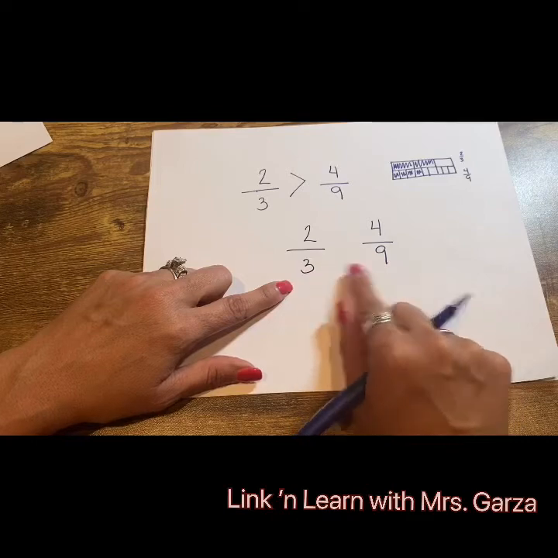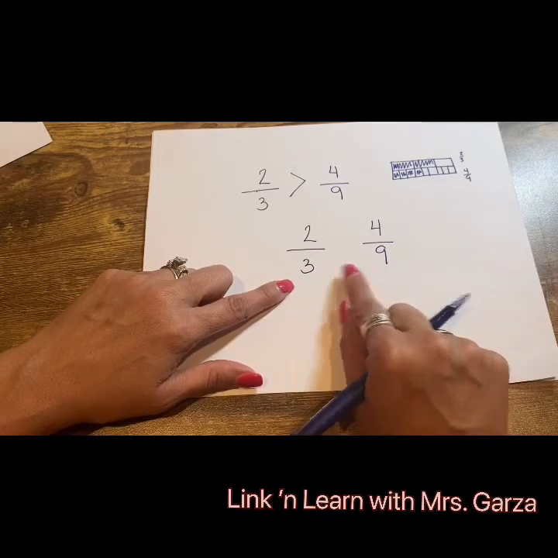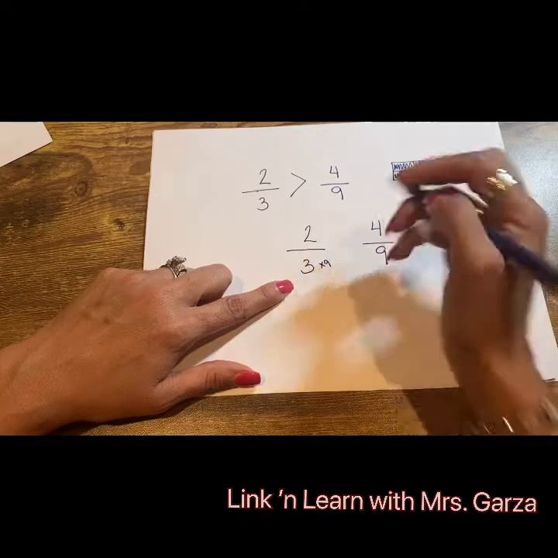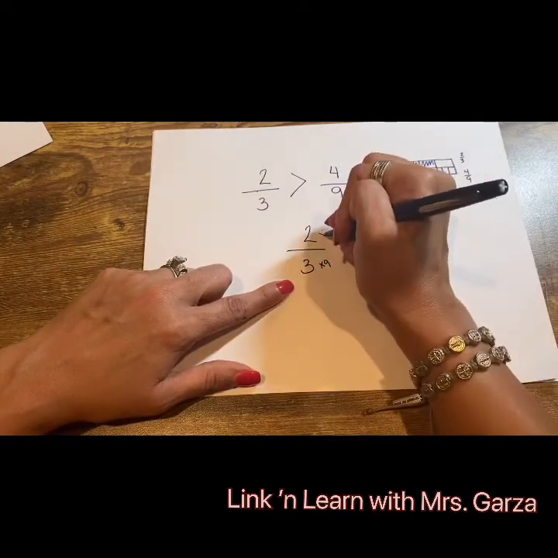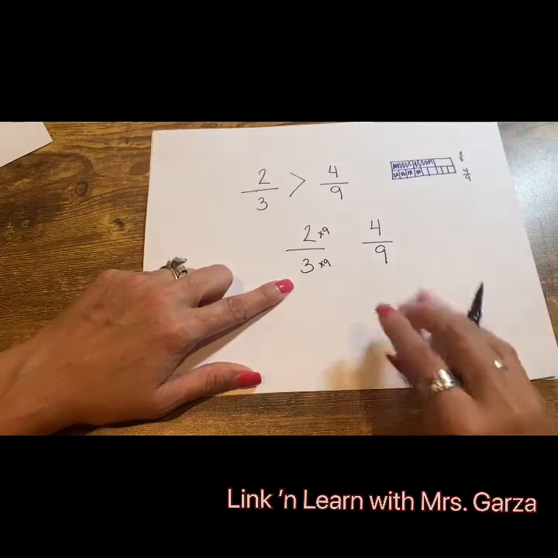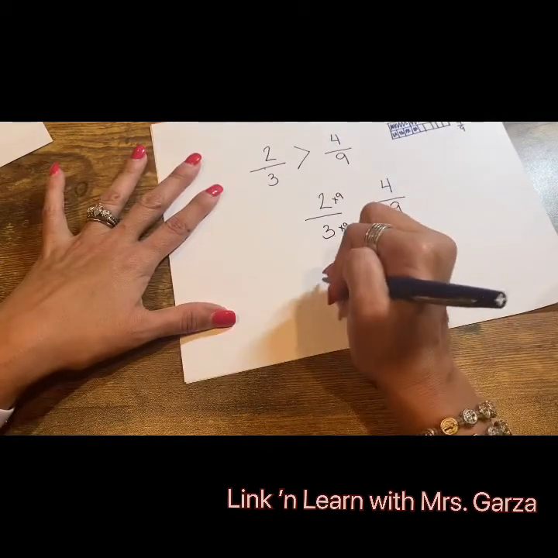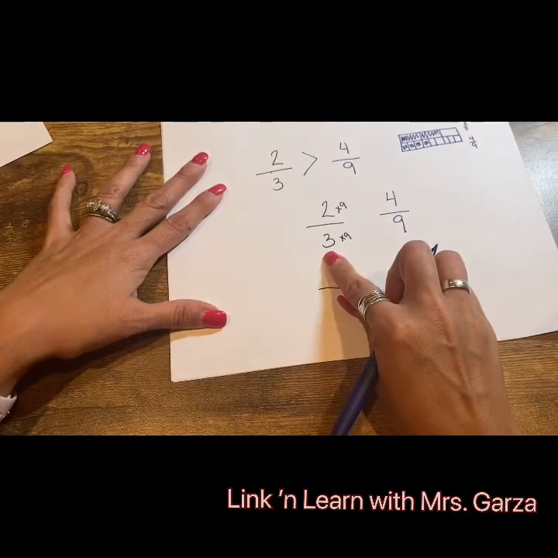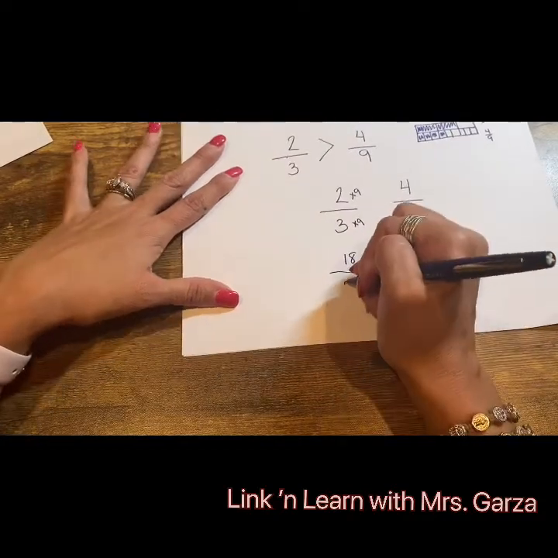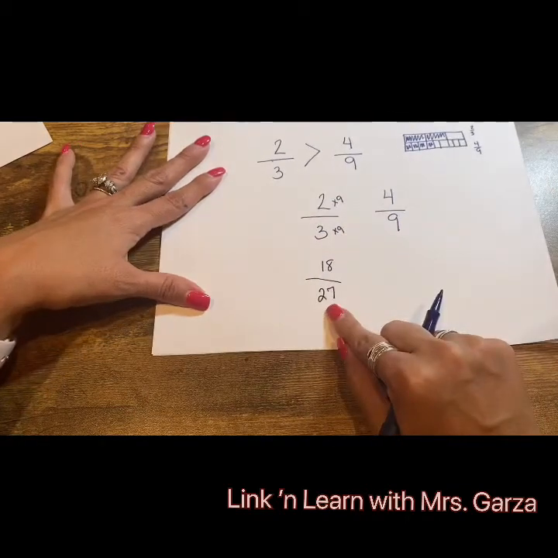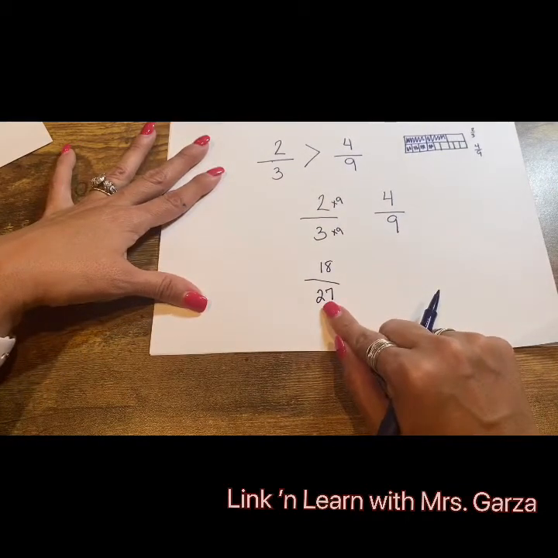I'm going to multiply my 3 times my 9 over here. And I'm going to do the same for my numerator. So 2 times 9 gives me 18, and 3 times 9 gives me what? 27. So 2/3 is also equal to 18 over 27.